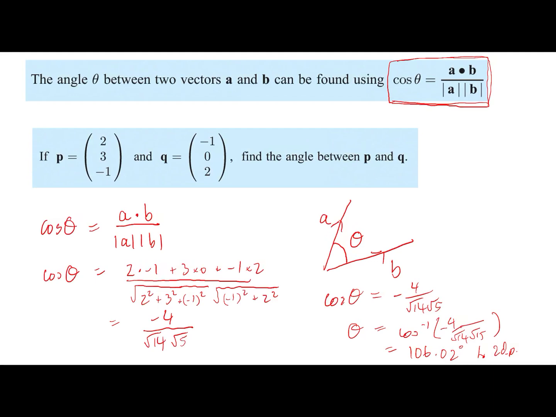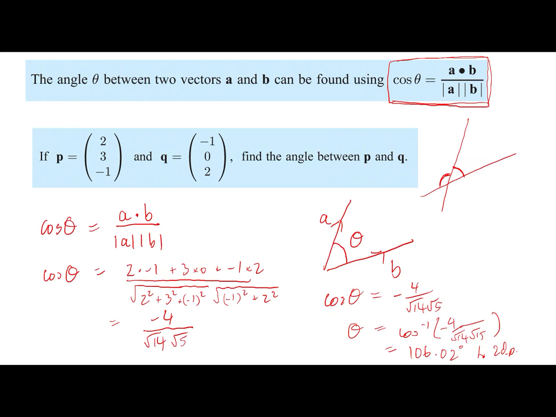Typically, when we're dealing in vectors and I want to find the angle between two vectors, we answer in degrees. But you need to read the questions carefully and understand, do they want degrees or do they want radians? Okay. Now, just a little extra thing you need to think about. Clearly here, what we got was an obtuse angle. Now, between two vectors, because remember a vector is just a direction, you're actually going to get two angles between them, and one is going to be acute and one is obtuse.